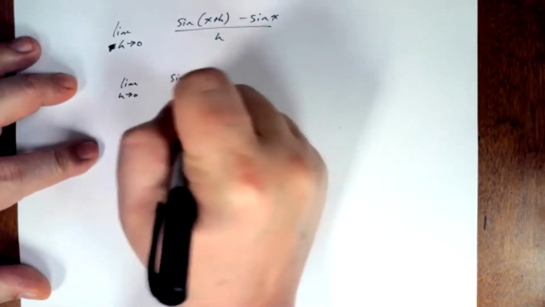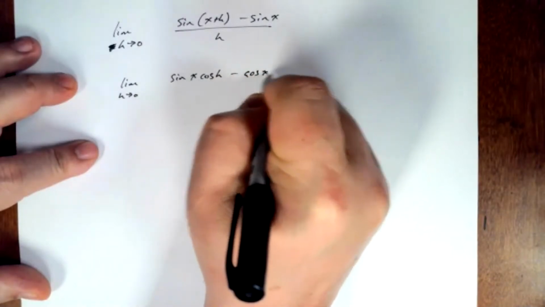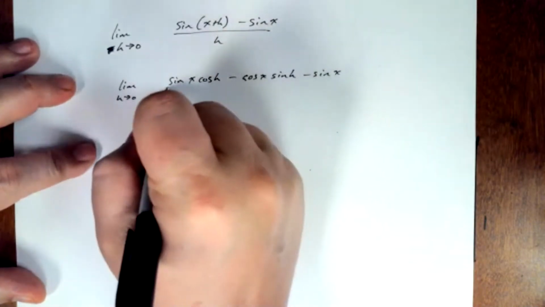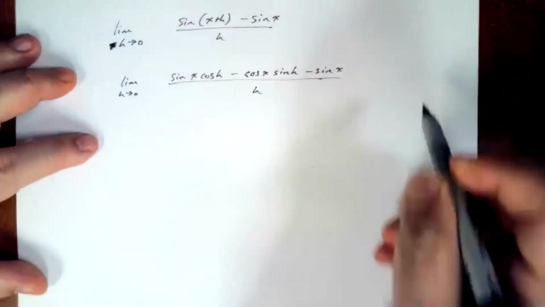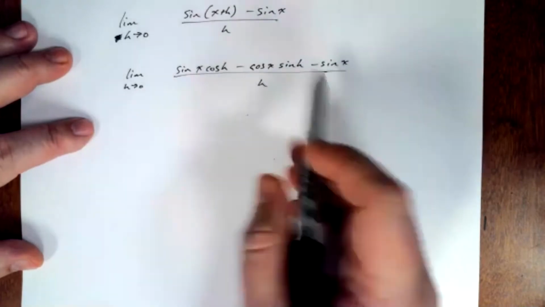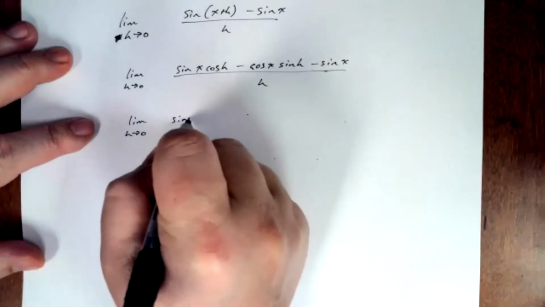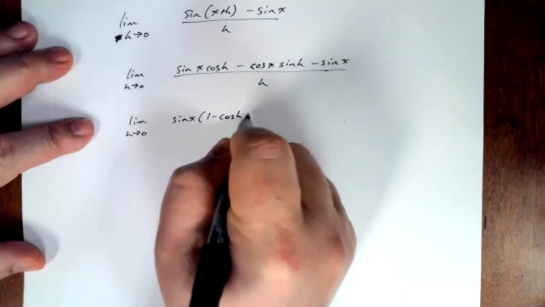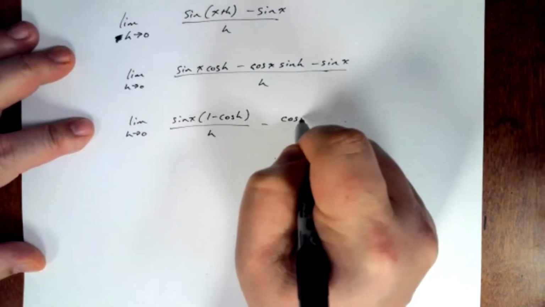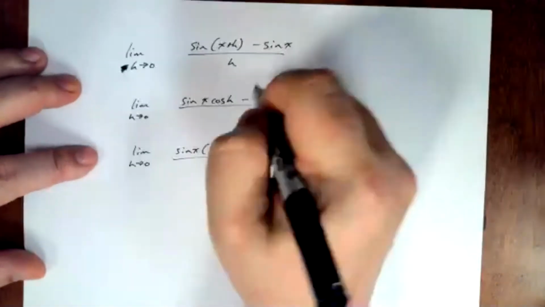Sine, cosine, cosine, sine, minus sine. Now, collecting my sine of x terms, wait, plus, this is minus.